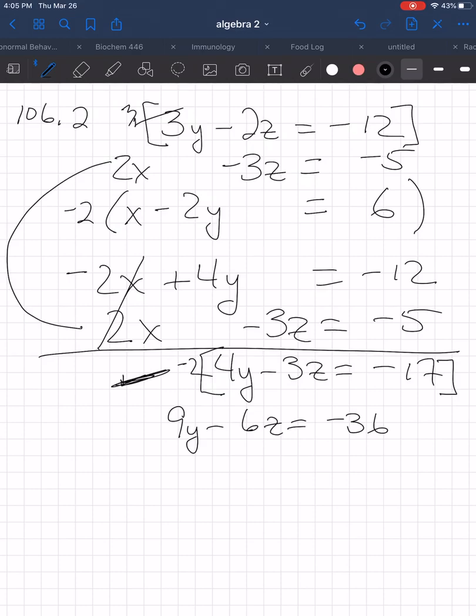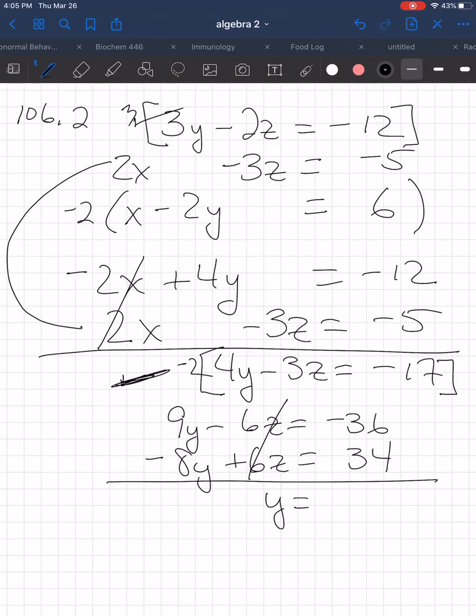And from this equation, we'll get minus 8y plus 6z equals positive 34. And so that drops out. 9 minus 8 is 1y equals negative 2.